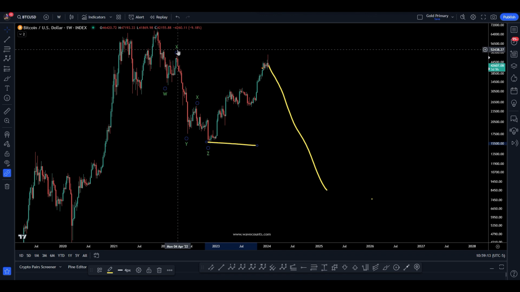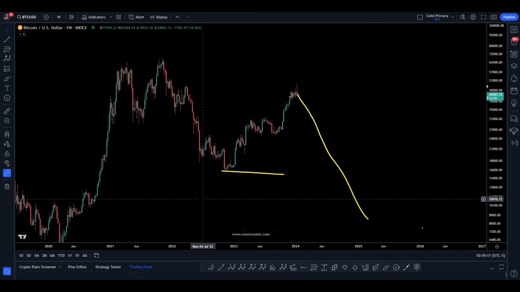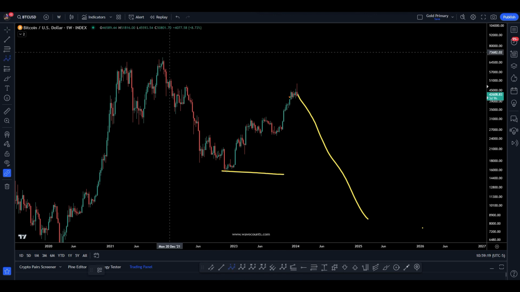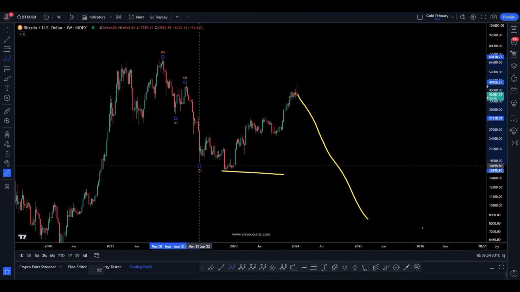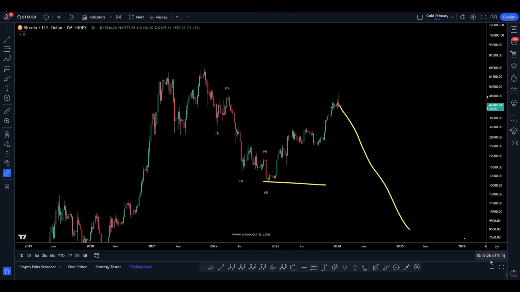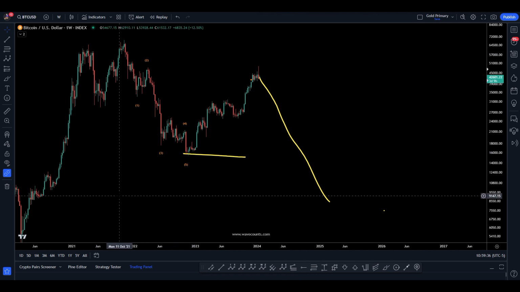It's likely the most simple thing of all. A freaking impulse. It's an impulse wave. It just lacks an extension. Because it's a corrective impulse. And a lot of corrective impulses lack extensions.